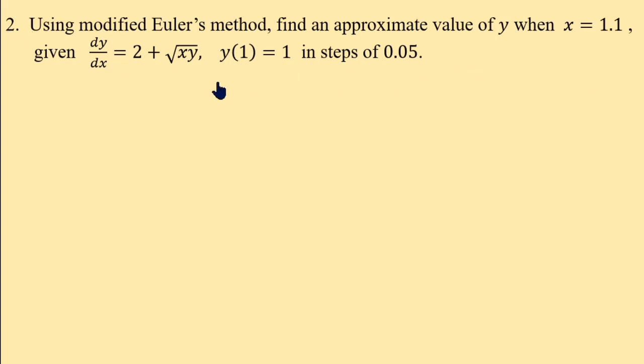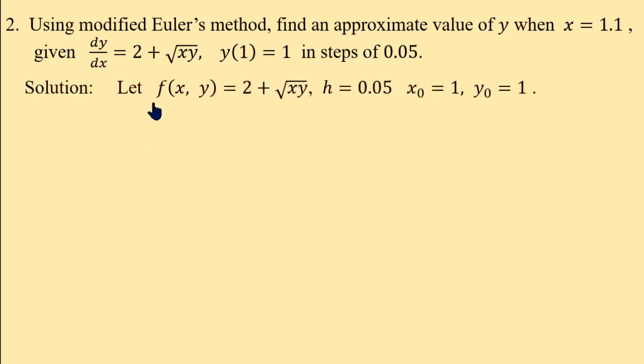So this is the basic concept, and dy by dx is taken as a function of xy, and hence f of xy is 2 plus root xy. f of xy is dy by dx. In the modified Euler formula, consider dy by dx as a function of xy.